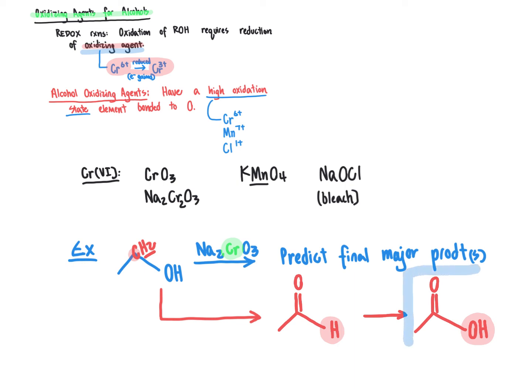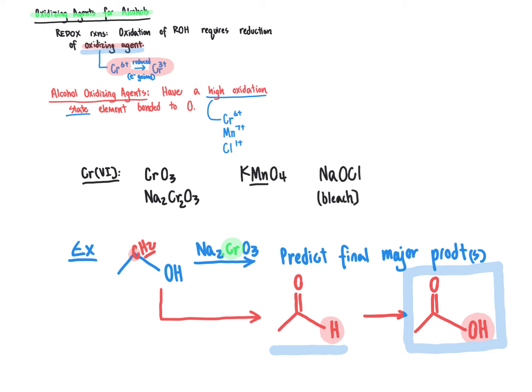The reason is that aldehyde molecules, our intermediate here, tend to be even more easily oxidized than alcohols, and so it's challenging to stop at the aldehyde without going all the way to the carboxylic acid product.